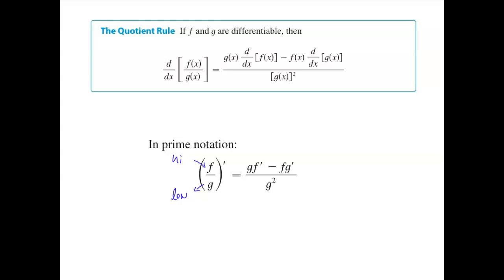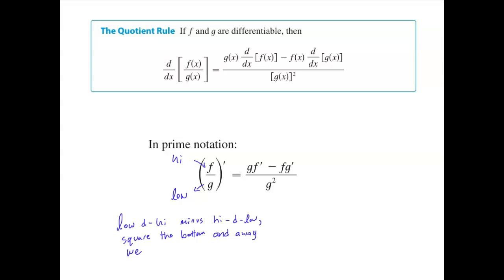And there's a little rhyme that goes, low d high minus high d low, square the bottom and away we go. So low d high minus high d low, square the bottom, still referring to g, and away we go.